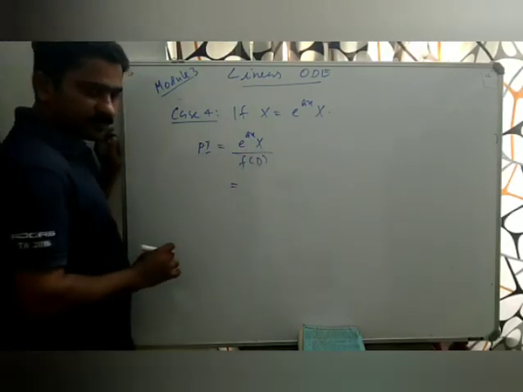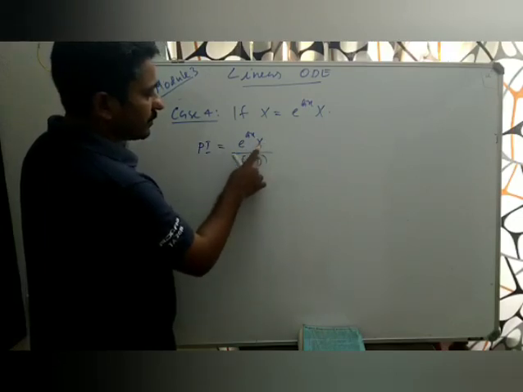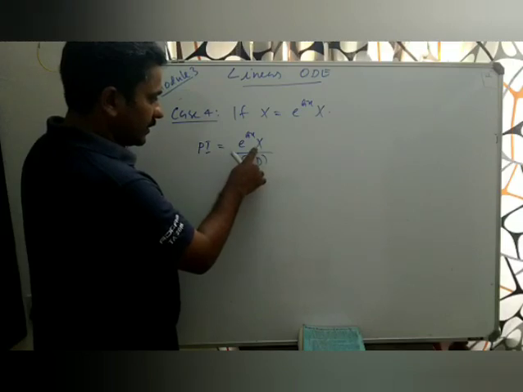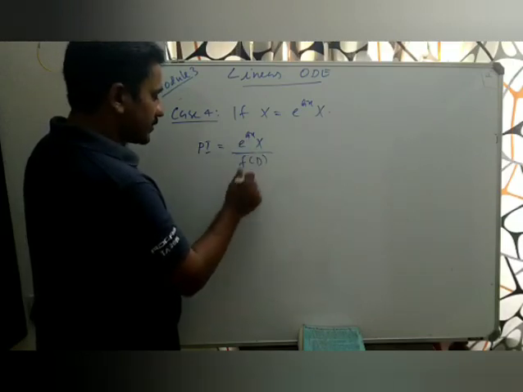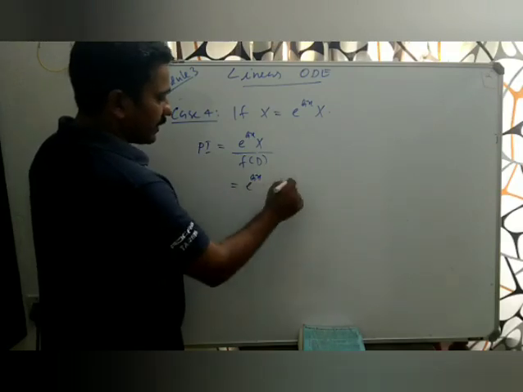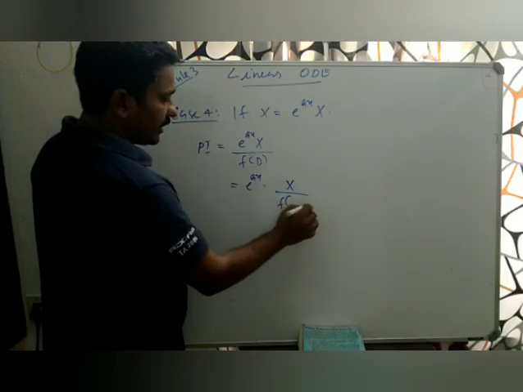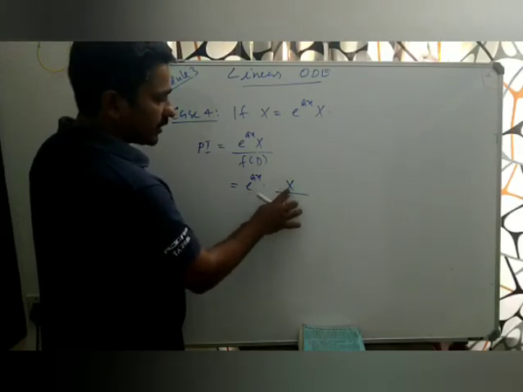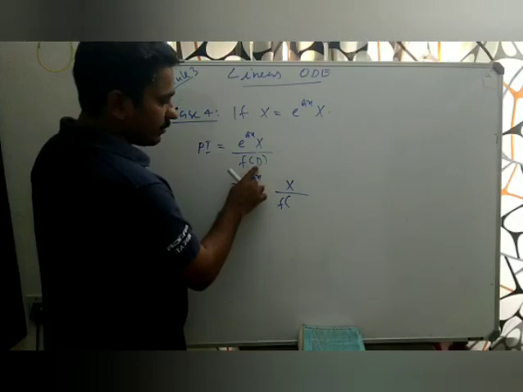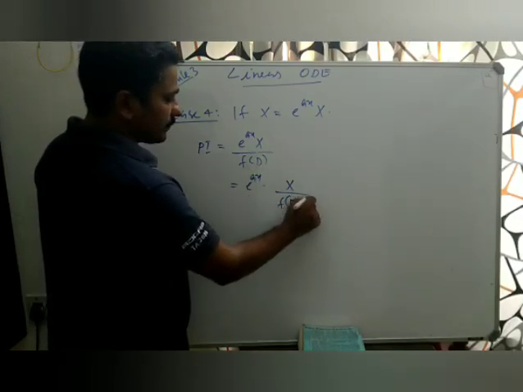Now actually in this case it's enough to find the particular integral of x, but that means we can take out e to the power ax, right? E to the power ax comes out and find the particular integral of x. But the only difference is that when you find the particular integral of x, it's not just d, but d has to be replaced by d plus a.